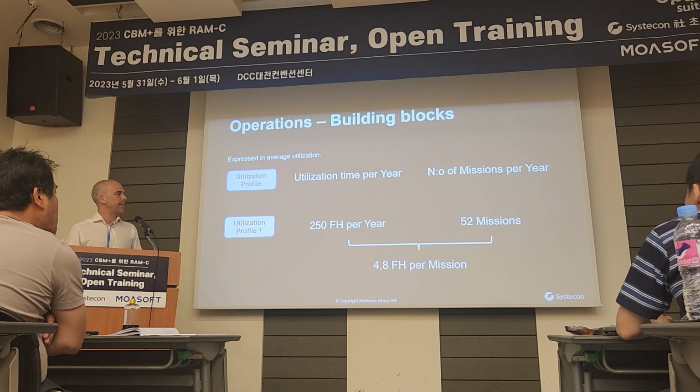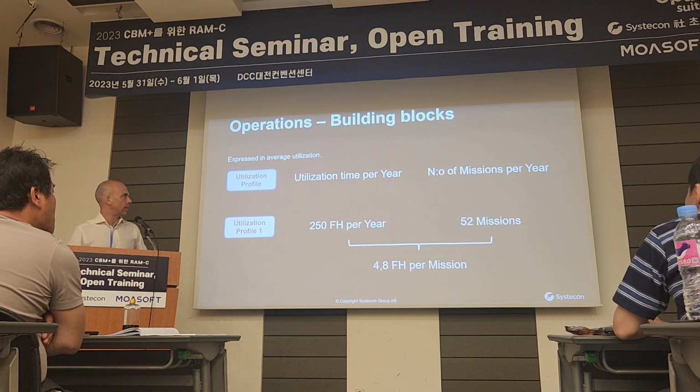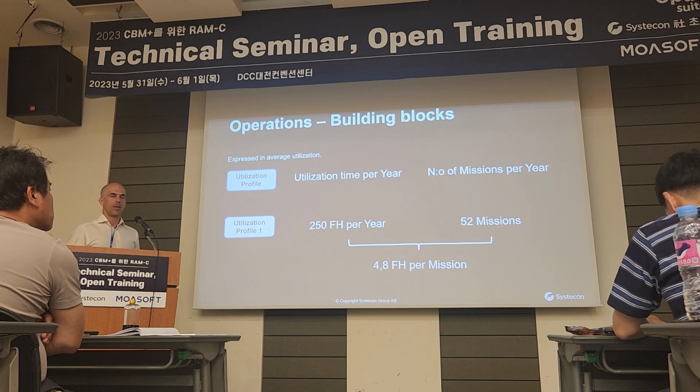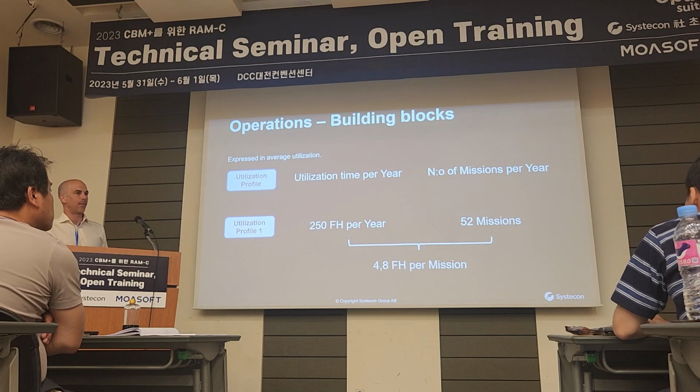But in the OPUS calculation, it will only base the average on the average utilization, because it doesn't know exactly when the missions take place.